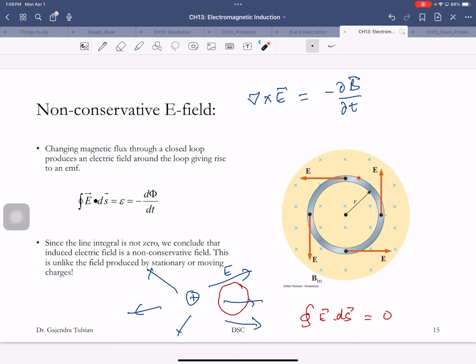For this electric field, that's not zero. So this is known as a conservative electric field, and this is a non-conservative electric field.